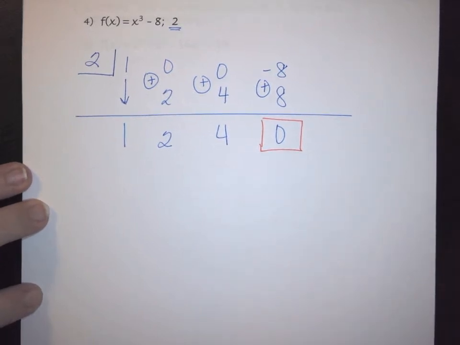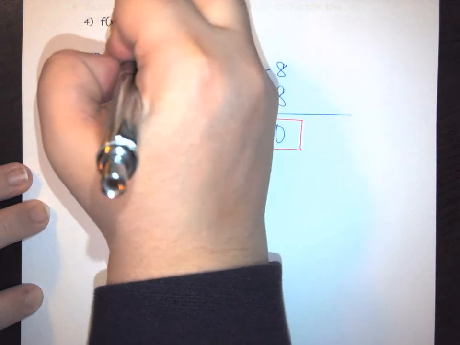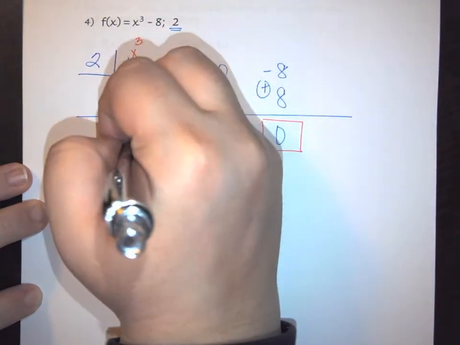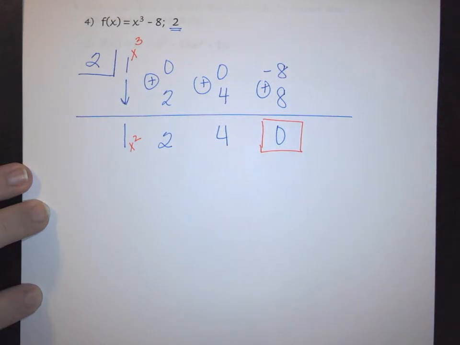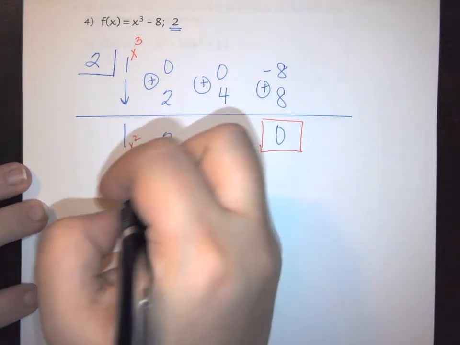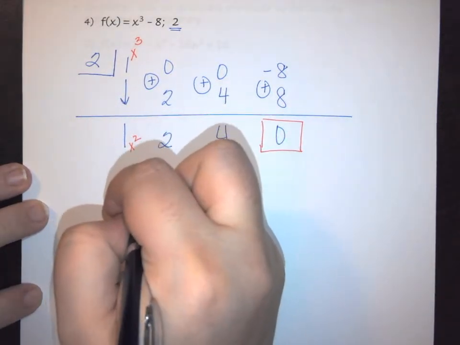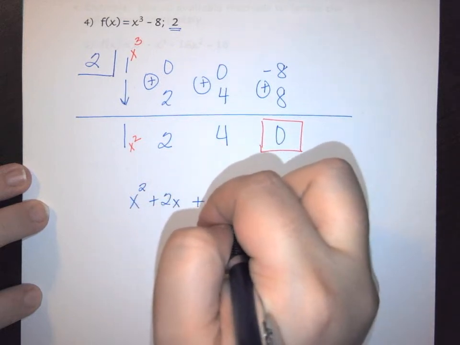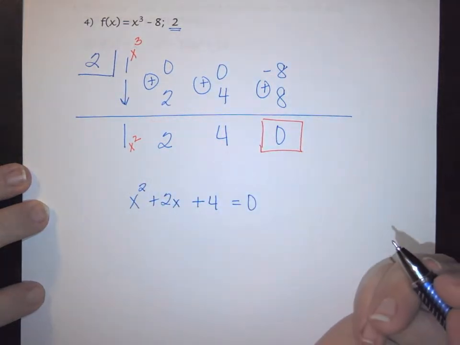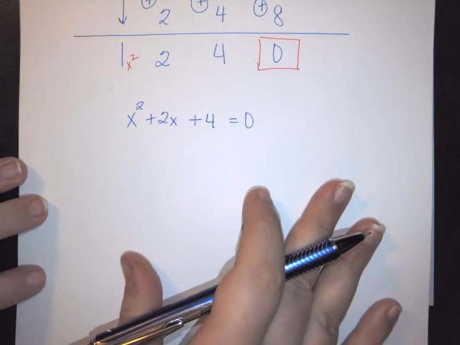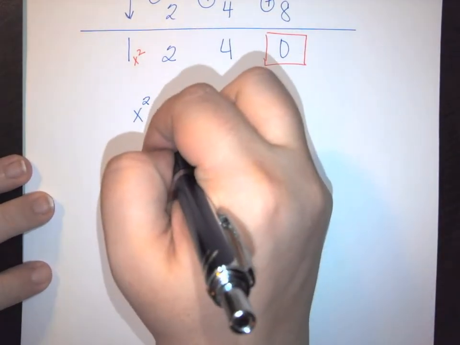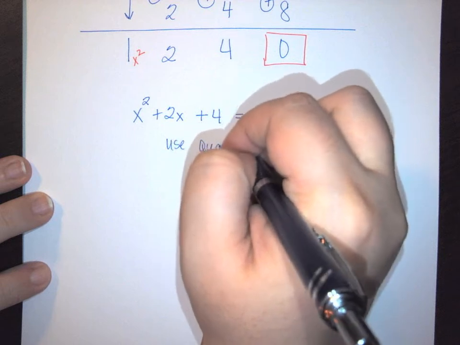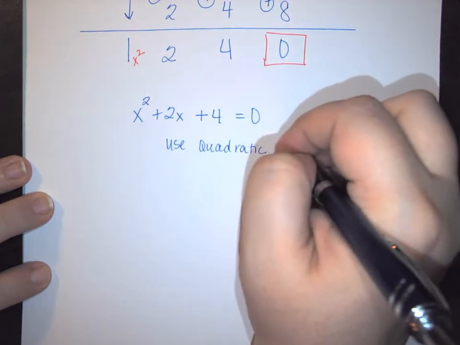Now the other thing that we need to remember is that this started as an x cubed equation, but when it went through synthetic division, it became an x squared equation. So in this case, we actually have x squared plus 2x plus 4 equals 0. Now in this case, I would use the quadratic formula.